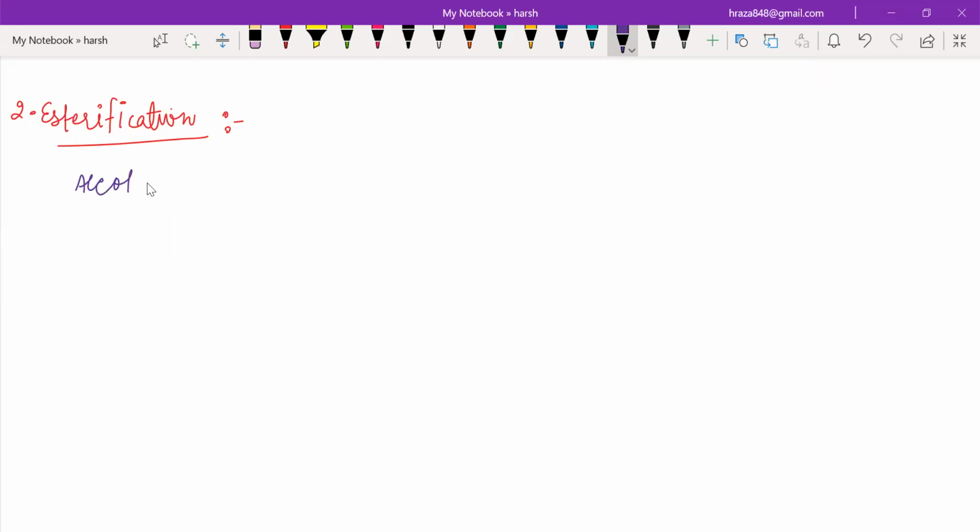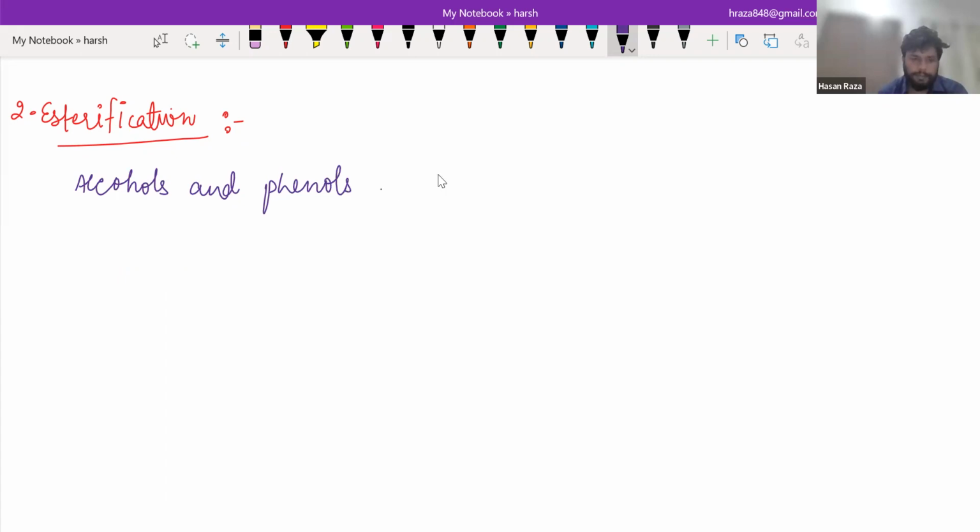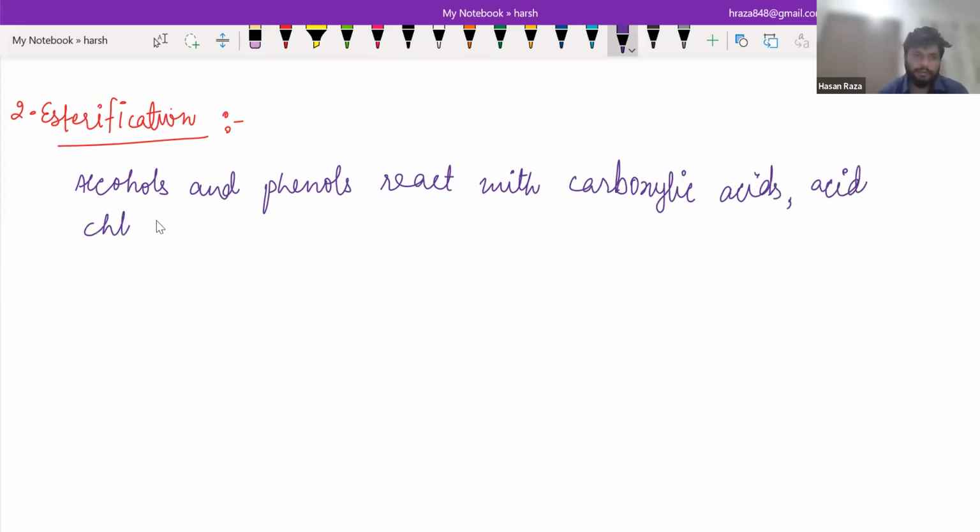Alcohols and phenols react with carboxylic acids, acid chloride, and acid anhydrides.